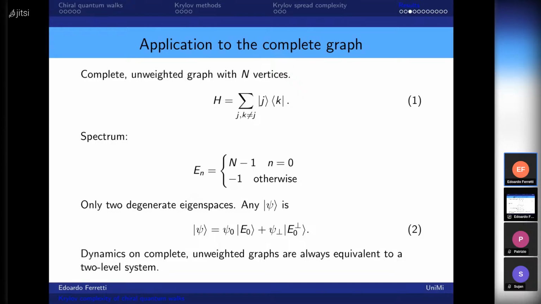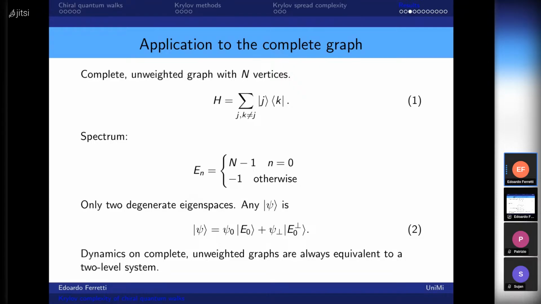And therefore, given any initial state, it can be decomposed in this way, where E0 orthogonal is just a choice in the orthogonal subspace of E0. In particular, the choice that appears in psi.